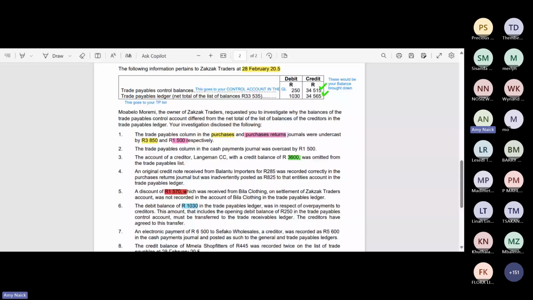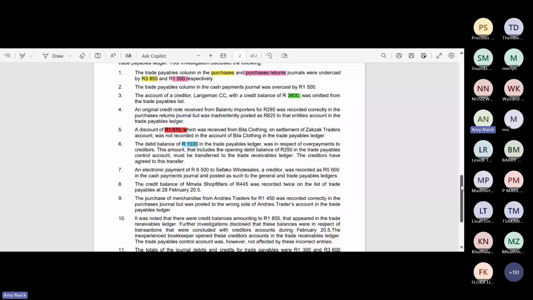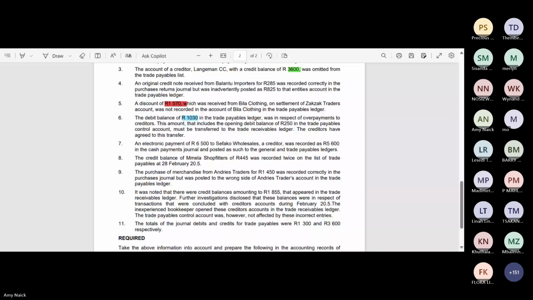If we look at number 3, it says the account of a creditor, Langeman CC, with a credit balance of 3,600 was omitted from the trade payables list. You can see here that there's no mention of the control account. So we take for granted that the control account is correct. This transaction has occurred correctly in the control account.